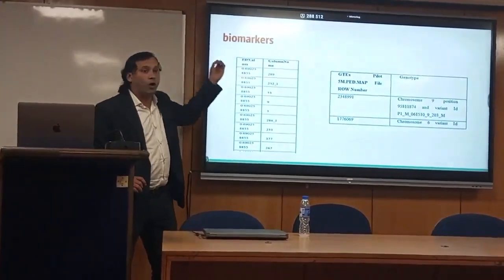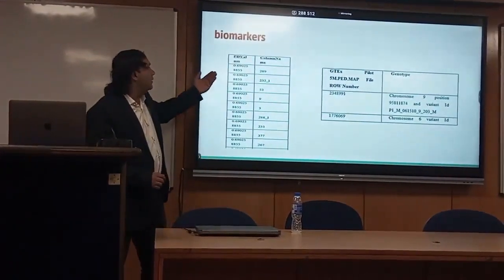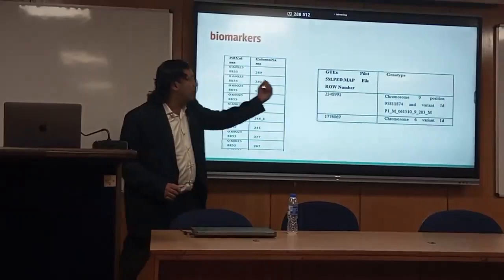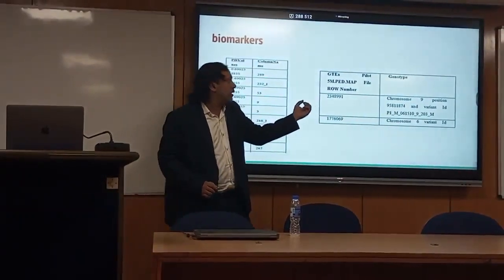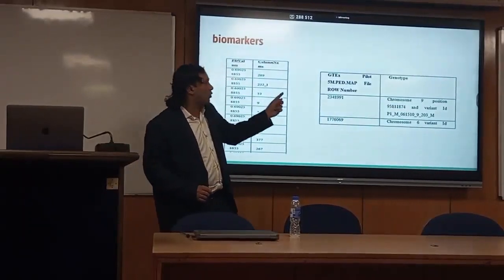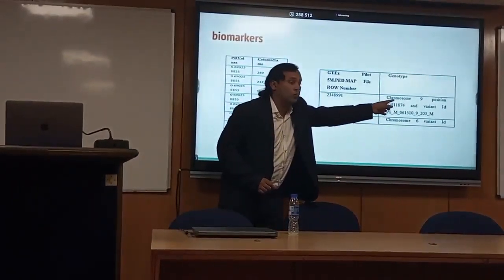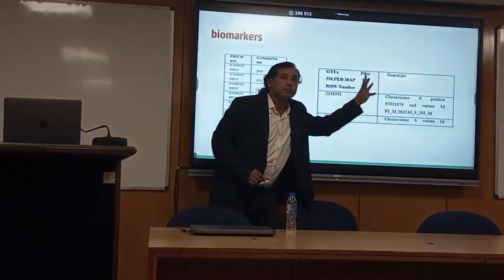Then we use the model for unknown data or a new sample, and then we get a confidence for different positions, and we can say I got this position as an important position, having a good probabilistic score, and then we can look at the genotype of that: okay, it is in chromosome 9 at this position, and it has a variant ID as well.